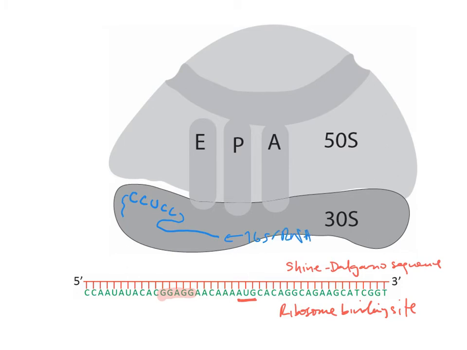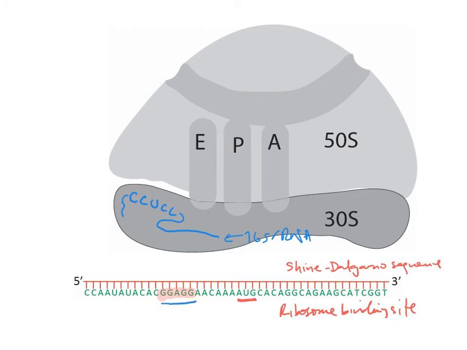So the 30S subunit has proteins plus this ribosomal RNA. And a section of that RNA is CCUCC, as shown here, which is the exact complement of the ribosome binding site, which I showed you before, this GGAGG.